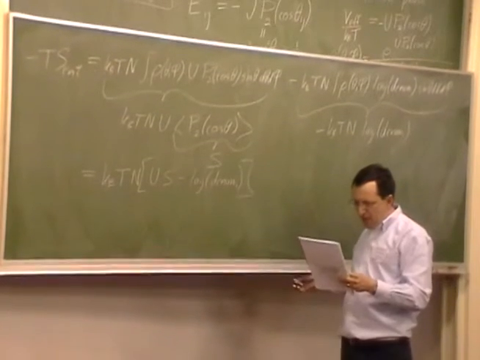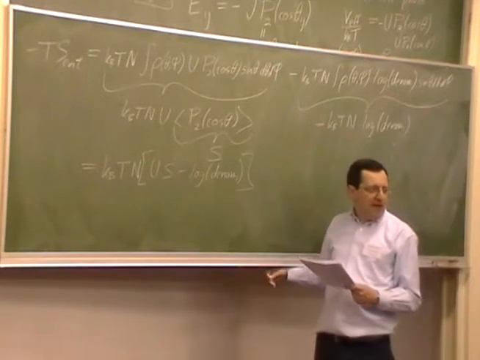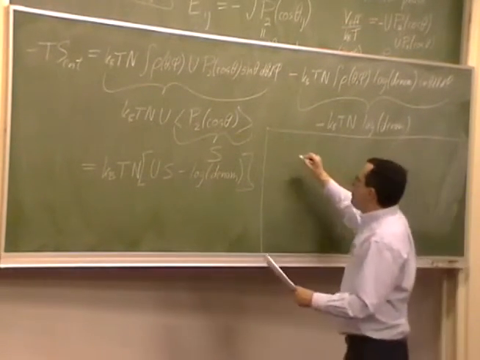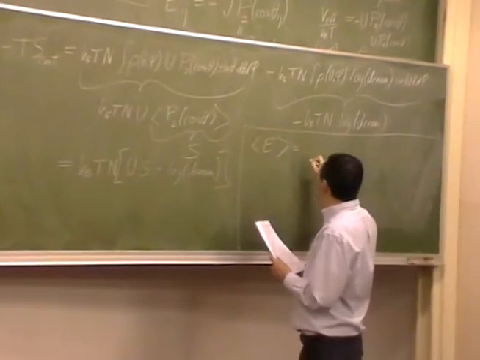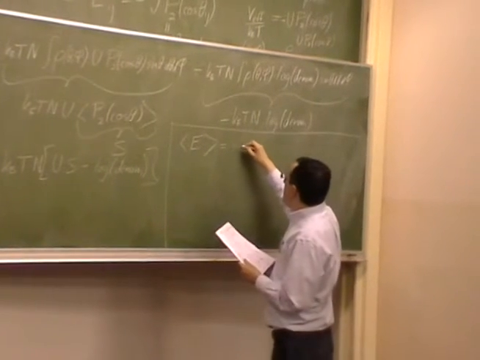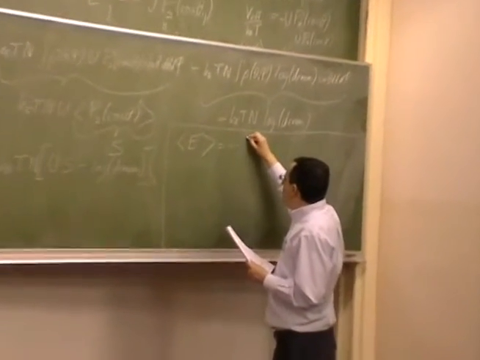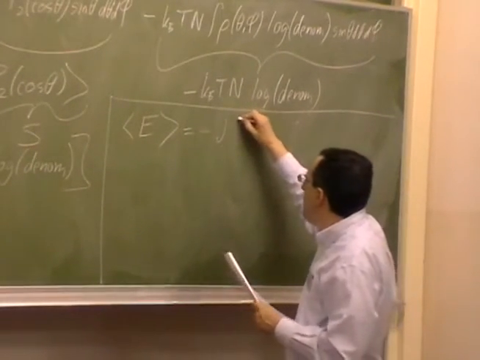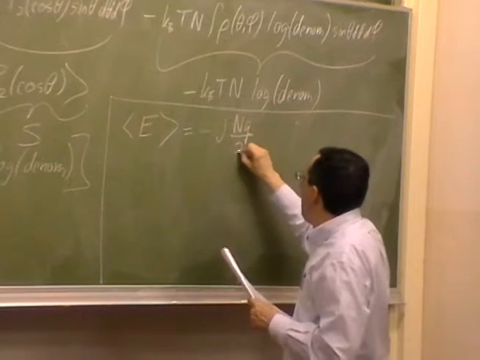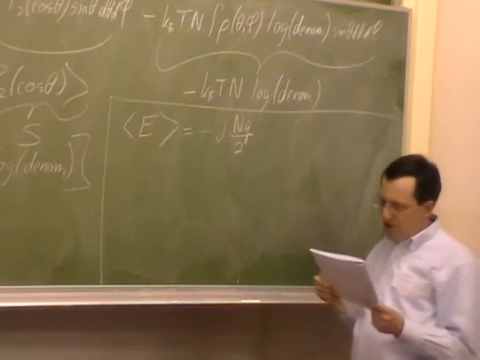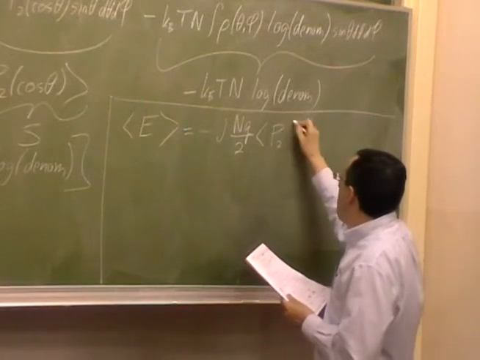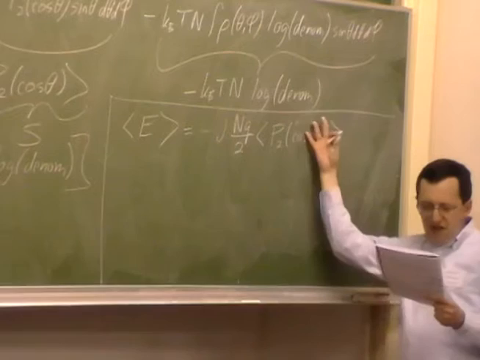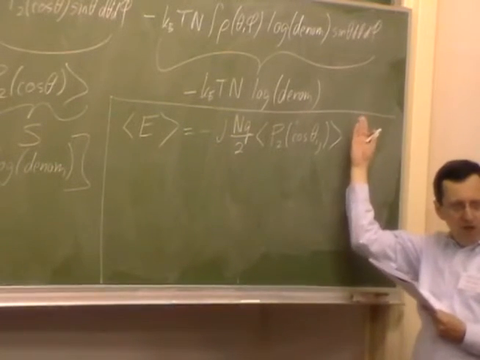Better figure out the energy before I run out of time. All right, so for the energy, the average of the energy is minus J times the number of interacting pairs of molecules, which is Nq over 2, times the average of P2 of cosine theta ij, the relative angle between two molecules.